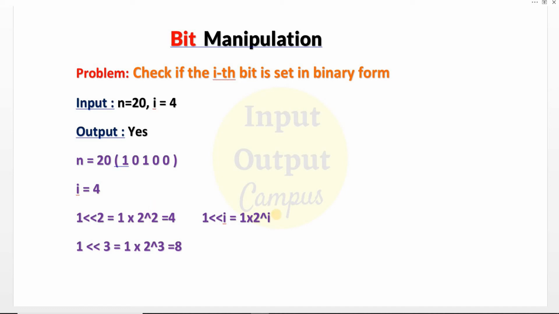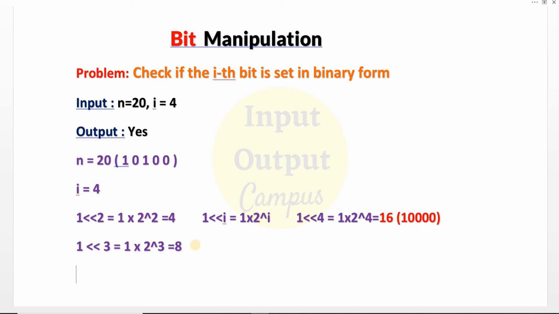So we'll write 1 left shift 4, that is 1 into 2 to the power 4, which is 16. The binary representation of 16 is 10000.